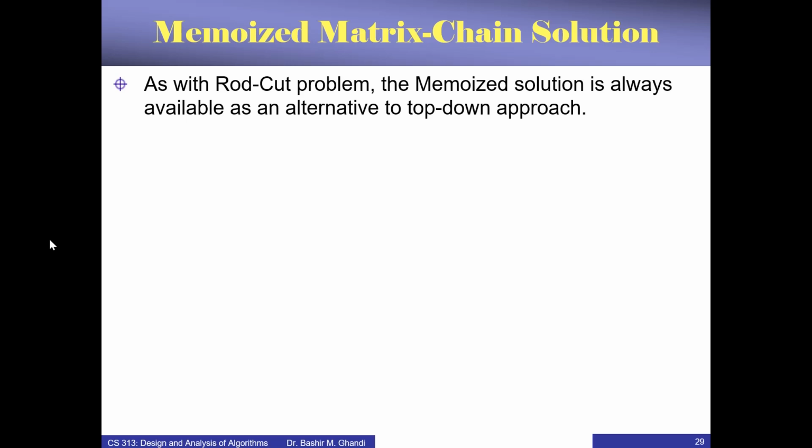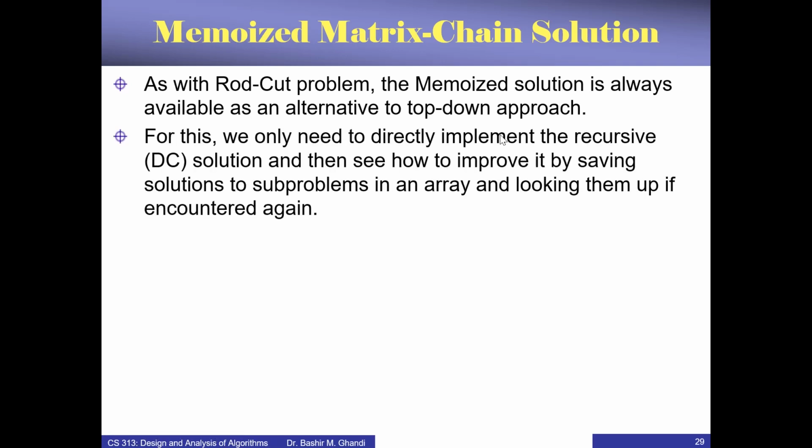Okay, so in this remaining part of the lecture, we are going to look at the memoized version of our solution to the matrix chain multiplication problem. It says, as with the rod cutting problem, the memoized solution is always available as an alternative to the top-down approach.